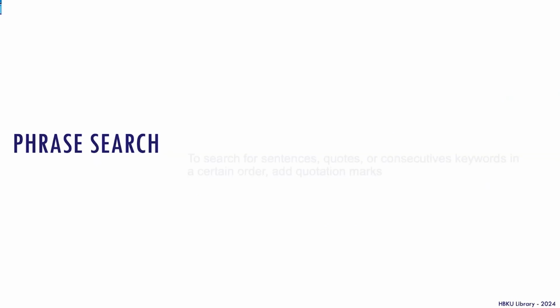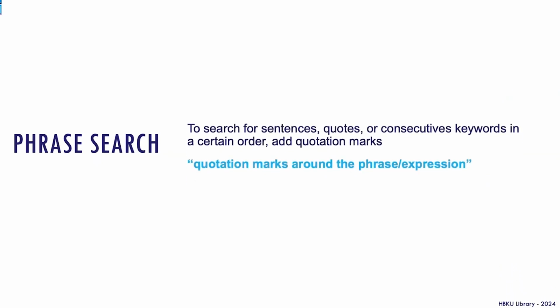Phrase searching, as mentioned earlier, is basically to search for expressions or sentences or titles or quotes in their exact order. If you want to search for them as they are in a sentence, you just wrap that sentence with quotation marks. Whatever comes within the quotation marks will be searched as is, comparing to the articles in the database.